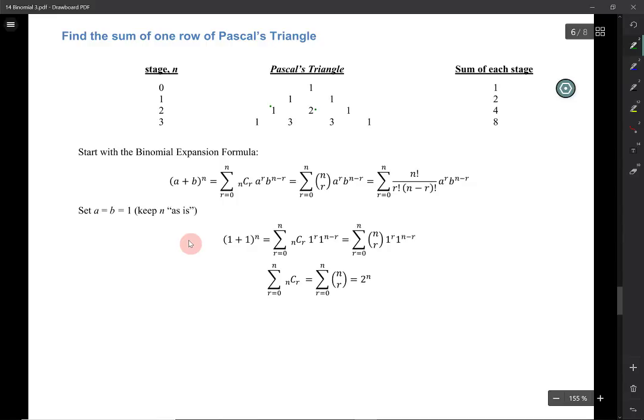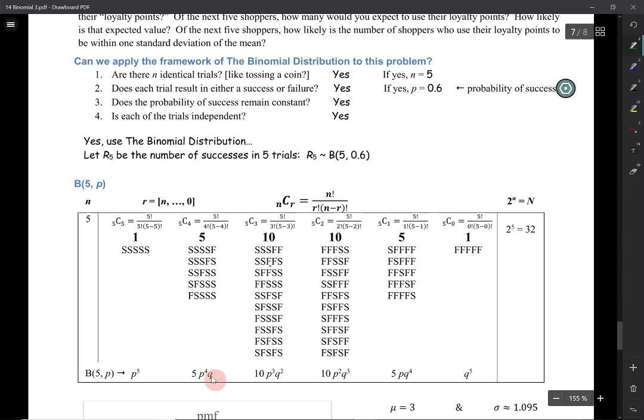Whatever value for p, because that will set the value for q. As long as q is related to p that way, then it'll always be a probability distribution.